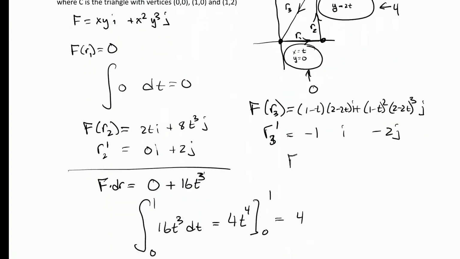And so f dotted with dr will be negative 2 times 1 minus t squared plus 2 times 8 times 1 minus t to the 5th. Just a sec. Sorry, I'll explain where I'm getting all my numbers in just a minute.